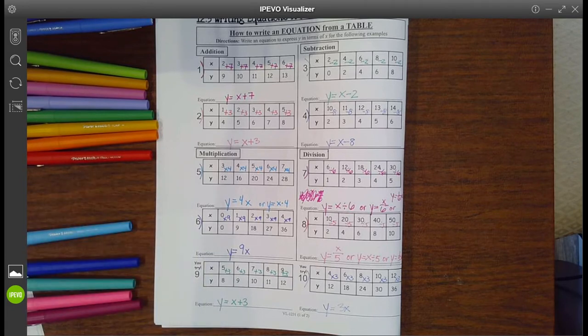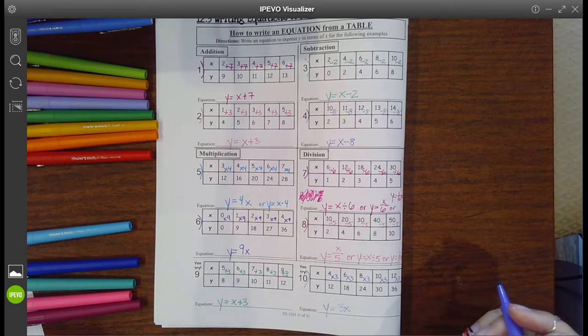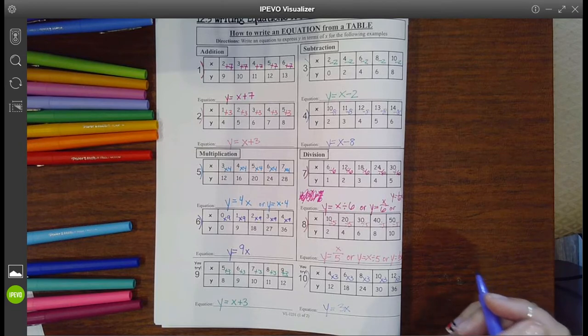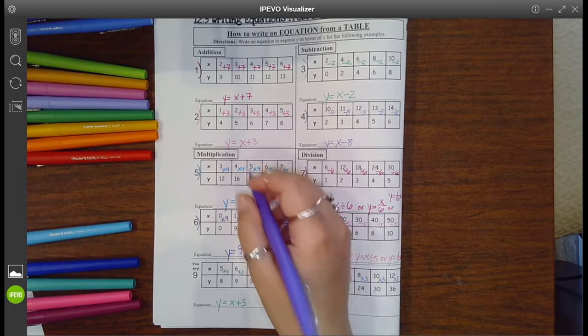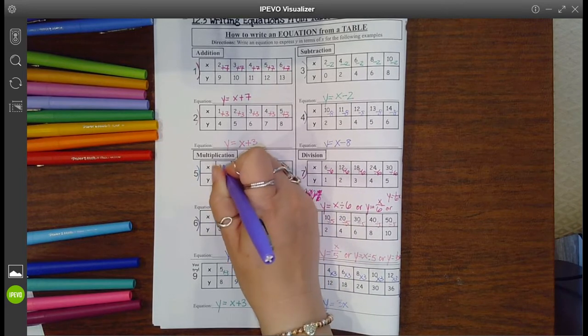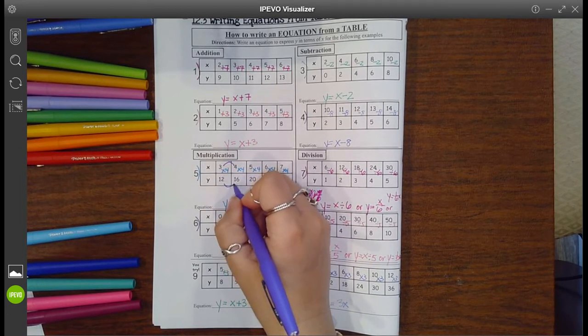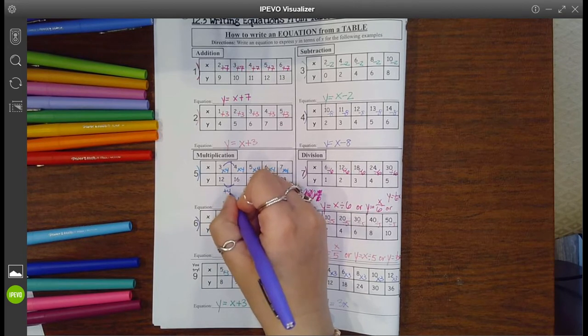This nifty trick only works for multiplying or dividing, but you can find the number that's multiplied in front of the x if you do this really nifty thing. Are you ready? Okay, so the number that's being multiplied in front of x, you could do the change in y over the change in x. So from here to here, 12 to 16 changed by 4, right?